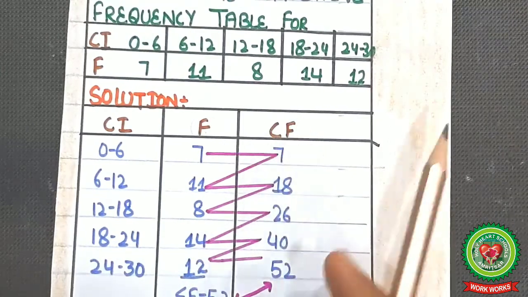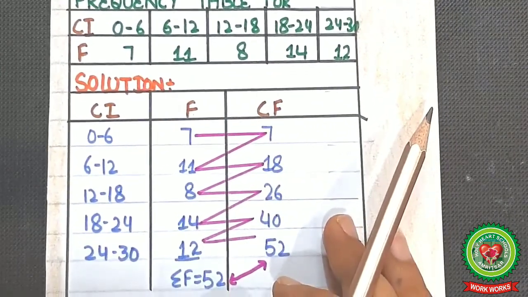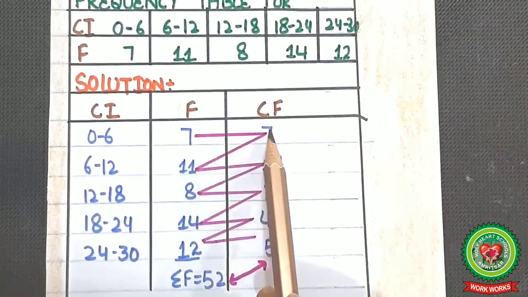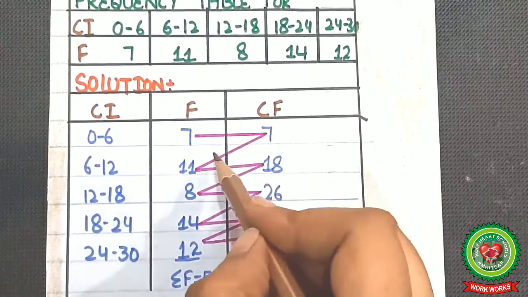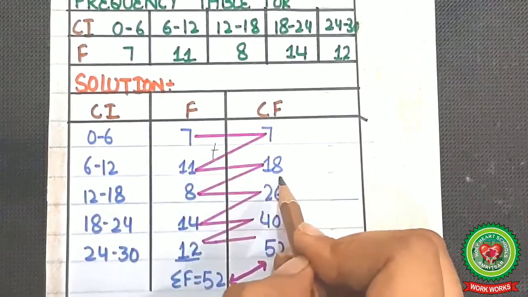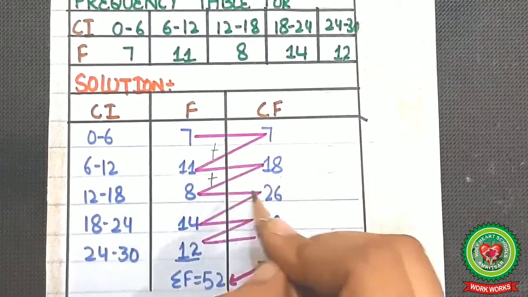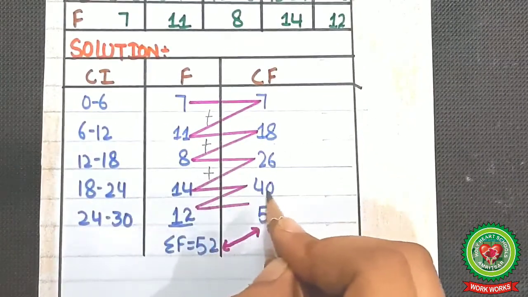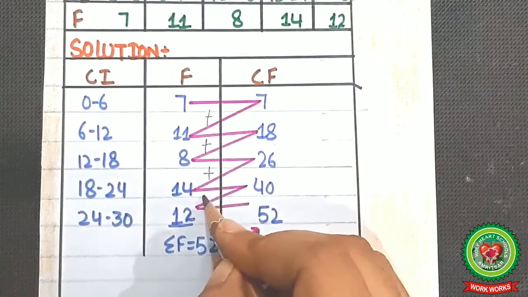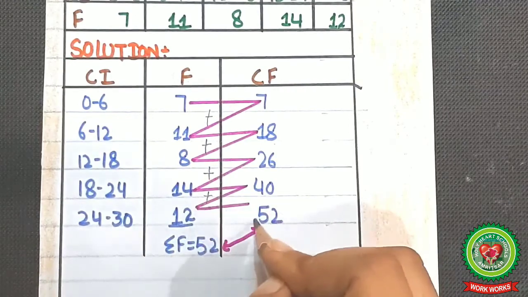For cumulative frequency we add diagonally. The first frequency remains the same. Next, 7 plus 11 is 18. 18 plus 8 becomes 26. 26 plus 14 becomes 40, and 40 plus 12 becomes 52.